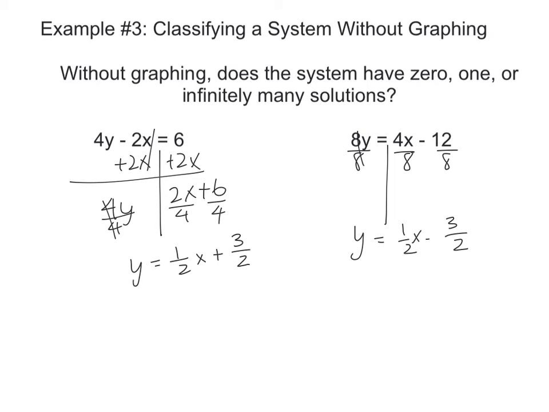Okay, so for example, if there were no solutions, that means that the lines are parallel. And we know that lines are parallel if they have the same slope. These happen to have the same slope, so let's keep 0 in mind.